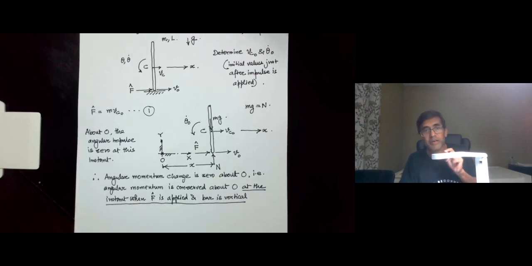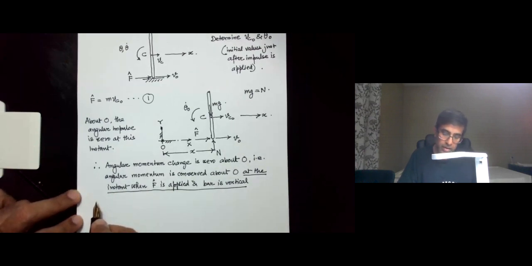And it is this particular instant that we are interested in, because we want to know the change in velocity of the center of the bar and the angular velocity at this instant when the impulse is applied. So it is just before, infinitesimally before the instant and infinitesimally after the instant, that the angular momentum is conserved about the point O.